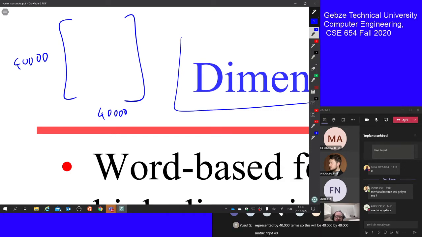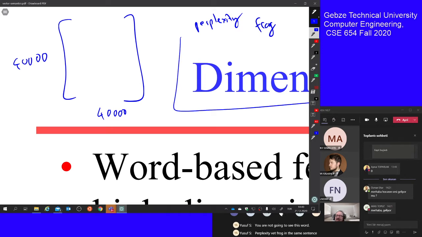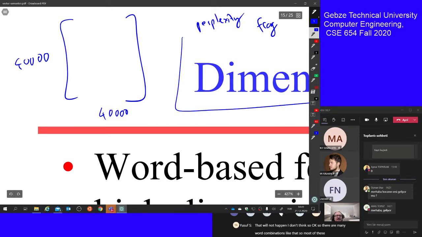But most of these matrix elements will be 0 or close to 0 because many words are not related. You are not going to see the word perplexity with frog in the same sentence. That will not happen. I don't think so. There are many word combinations like that, so most of these elements will be 0.